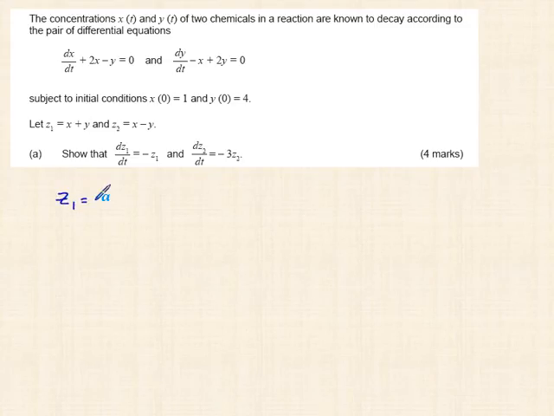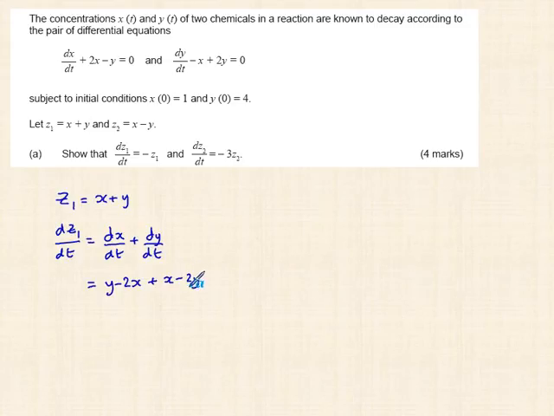So z1 is equal to x plus y. Therefore dz1/dt would be equal to dx/dt plus dy/dt. dx/dt is y minus 2x. dy/dt is x minus 2y.